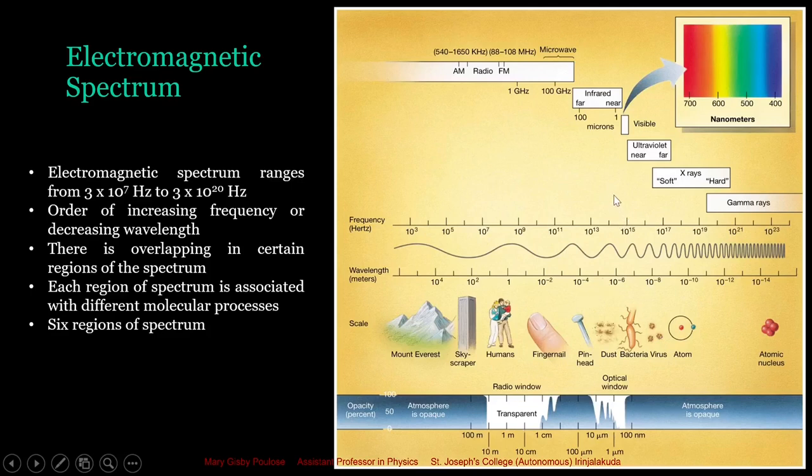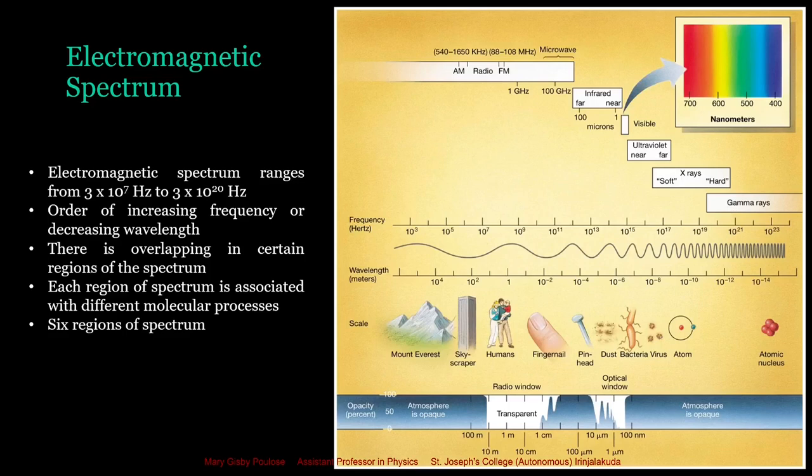Here, in certain regions, we can see that there is overlapping of these spectral regions. That is, here the far ultraviolet region is overlapping over the soft X-rays, whereas the hard X-rays are overlapping over the gamma rays.